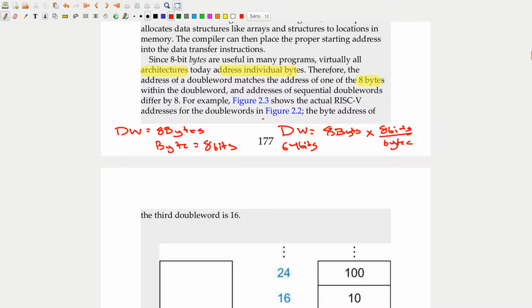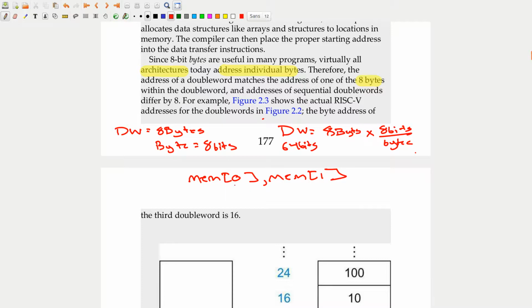And so, therefore the address of a double word matches the address of one of the 8 bytes within the double word, and addresses of sequential double words differ by 8. Okay, so this is basically just saying that if we want to address double words in order, we're not going to do something along the lines of mem 0, mem 1.